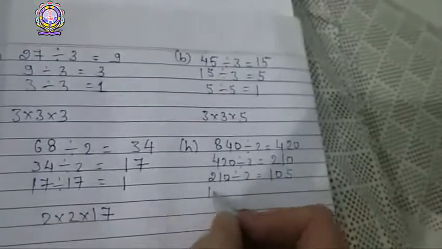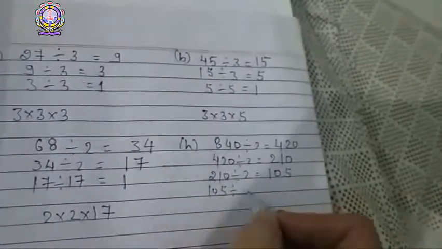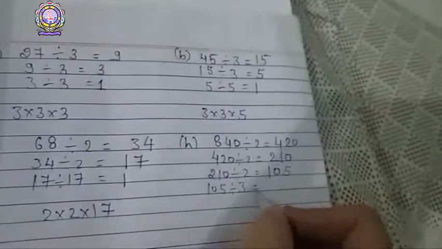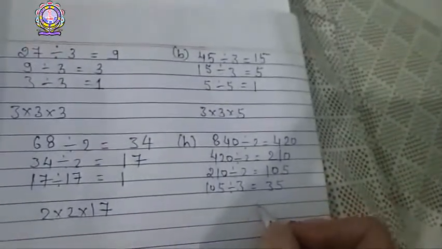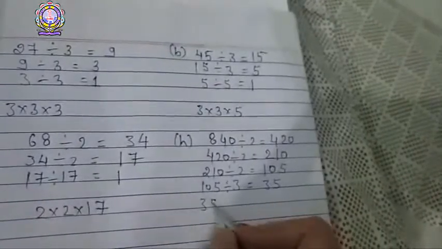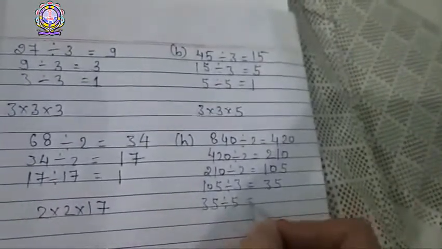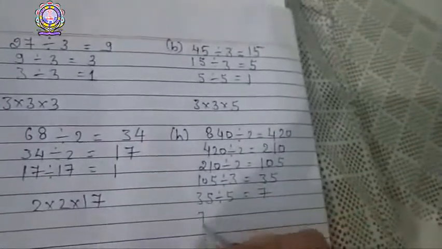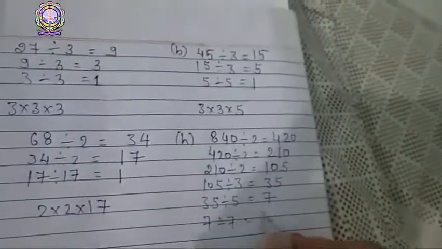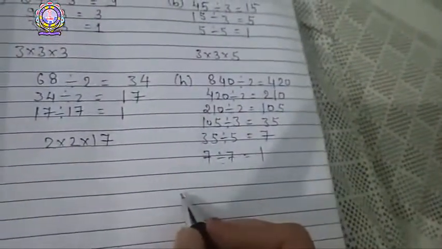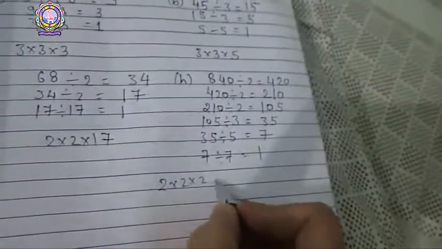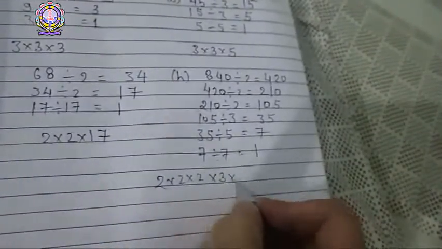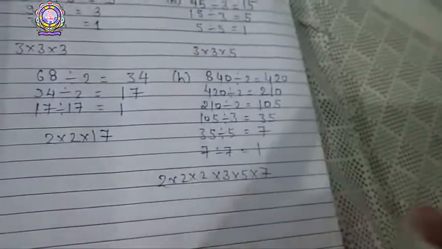Now 105 cannot be divided by 2, so we can divide it by 3. 3 threes are 9, 1 is left, 3 fives are 15. 35 is divided by 5, we get 7, and 7 divided by 7, we get 1. So the factors of 840 are 2 multiplied by 2 multiplied by 2 multiplied by 3 multiplied by 5 multiplied by 7.